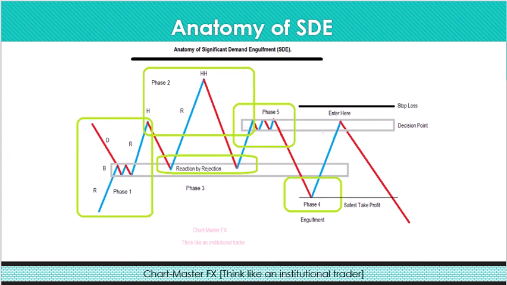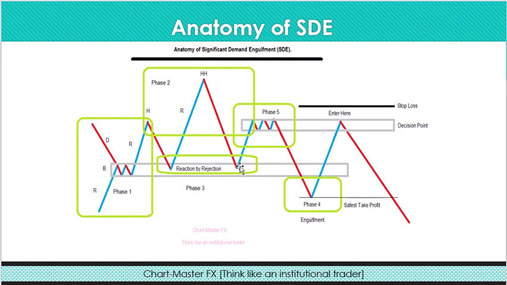You can see that we had 2 visits. In other words, the price came to this base or this demand, which is what we call the first time back, and the price was able to come back to this base a second time. So this is our first visit and our second visit.